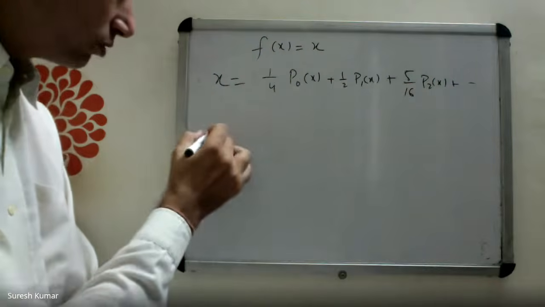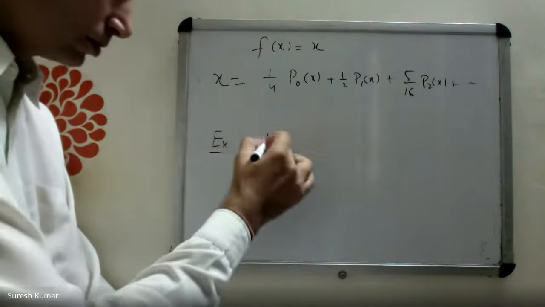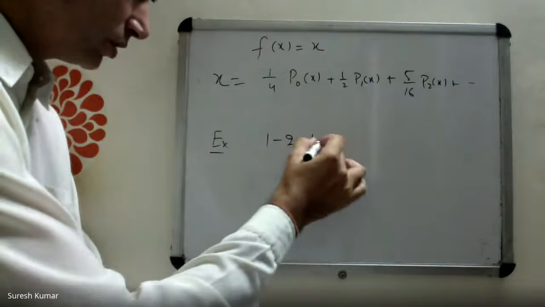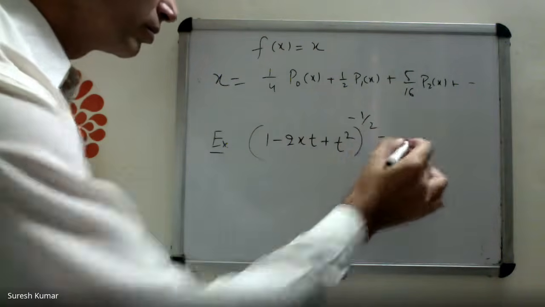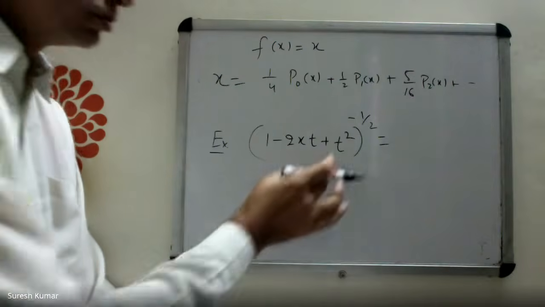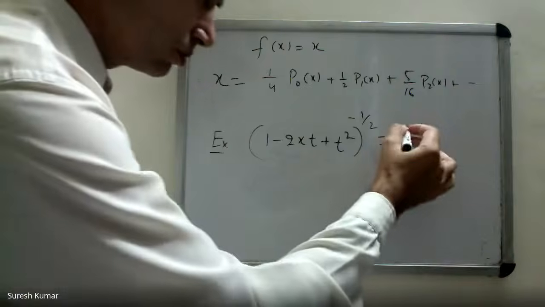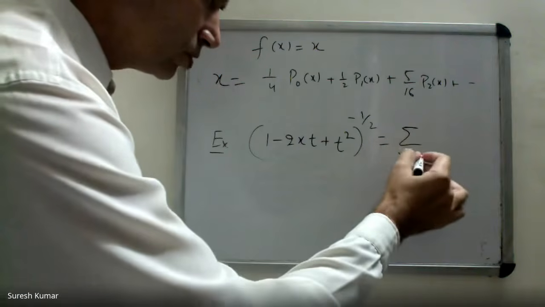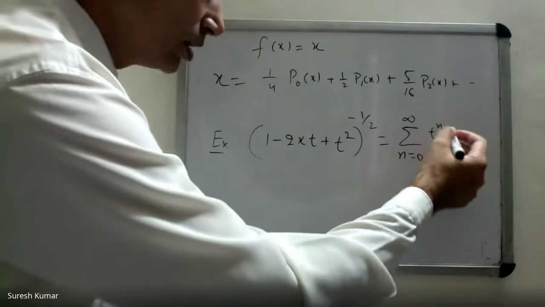One final point for today's lecture. See this function, one minus 2xt plus t square power minus half. It can be proved that this is equal to summation n from 0 to infinity t power n pnx.